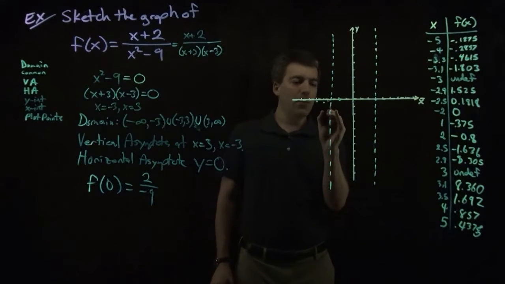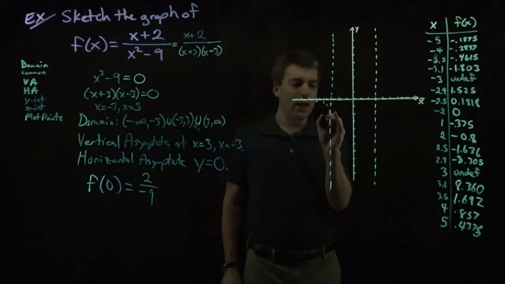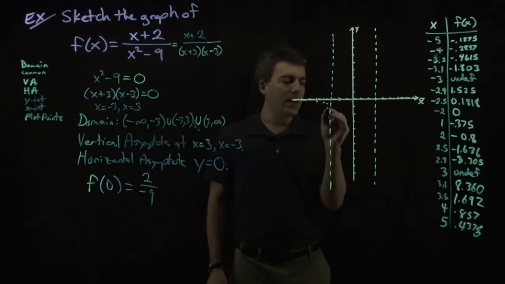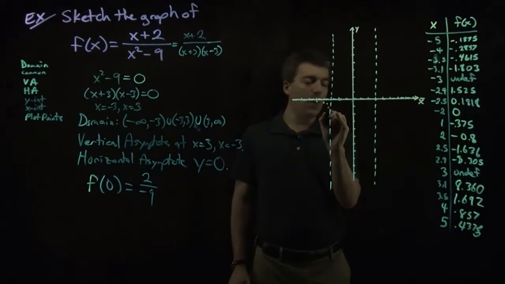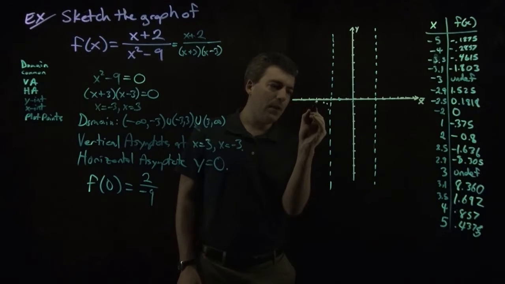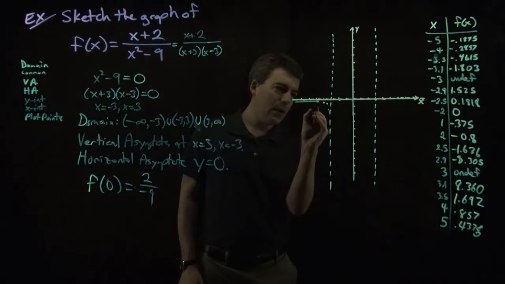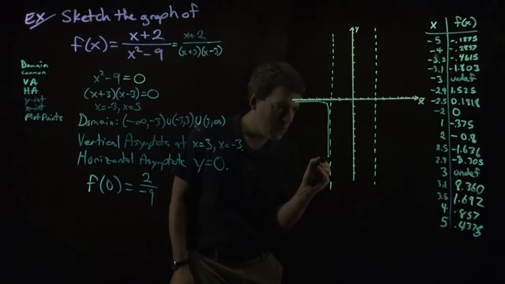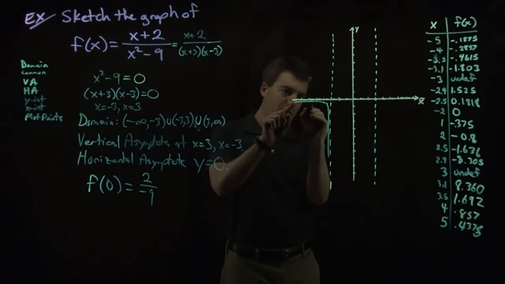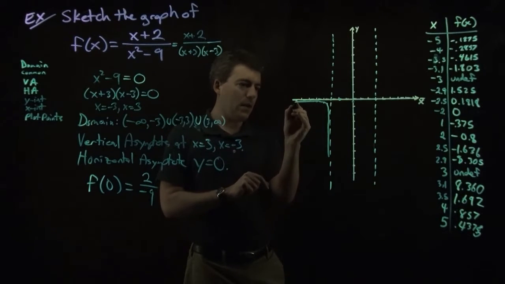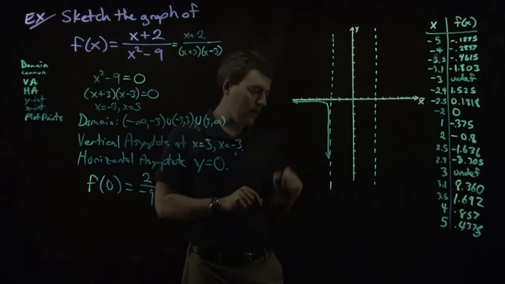And then at -3.5, we have about negative half. At -3.1 it is -1.8, so about -2. In any case, we can see what's going on here. The graph has to approach its horizontal asymptote, and it's going to fall as it approaches the vertical asymptote. So we have this shape right now for this graph. It's going to keep going that way, going down.